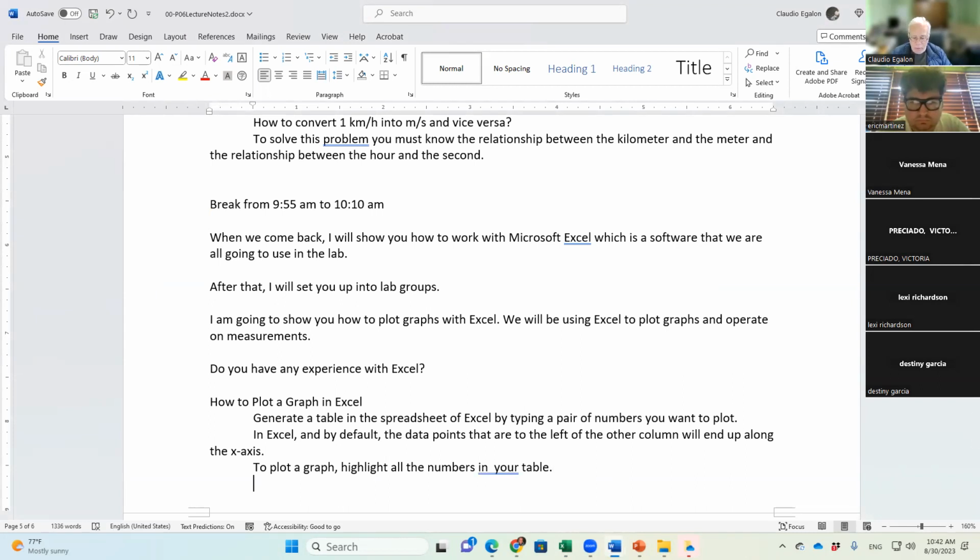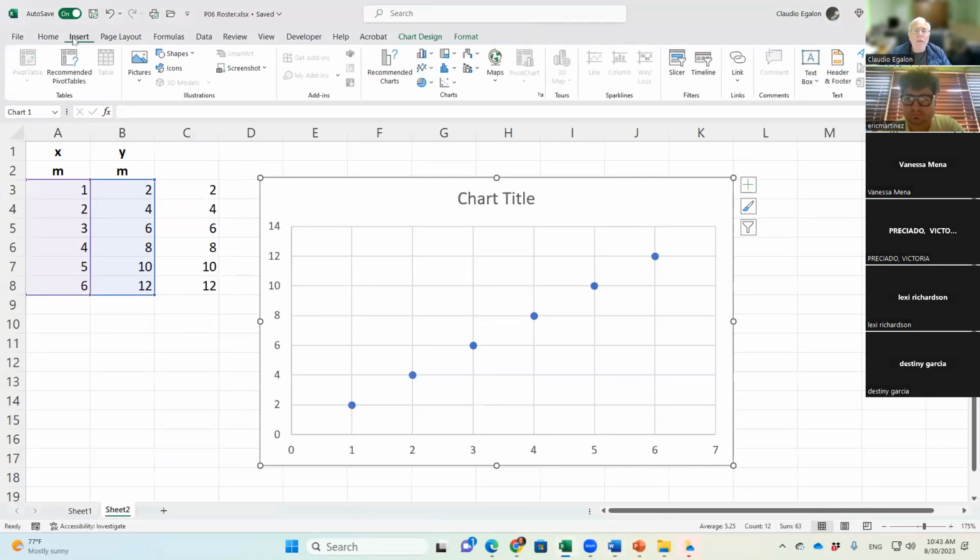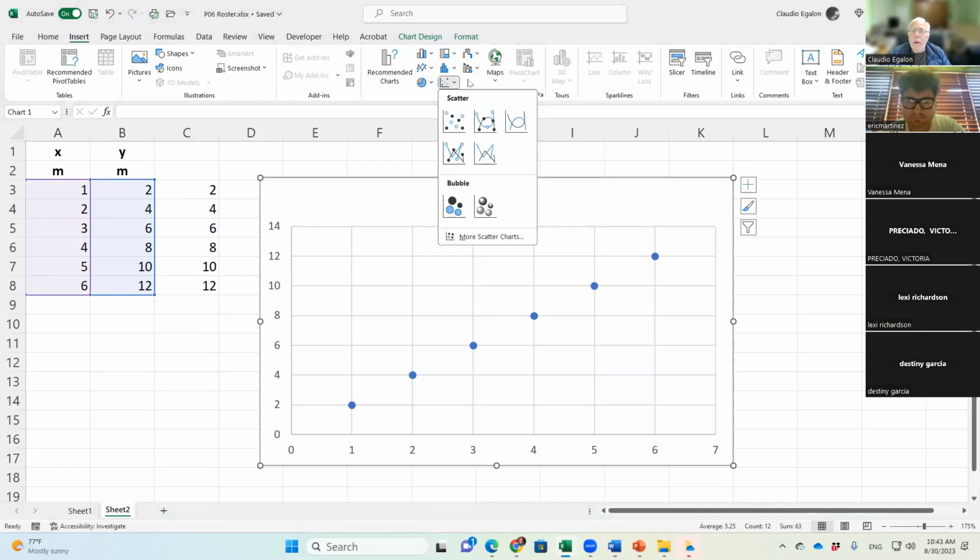Next, point your mouse at the top of the spreadsheet and look for insert. That's what we did. In insert, look for graphs, specifically the scatter plot.